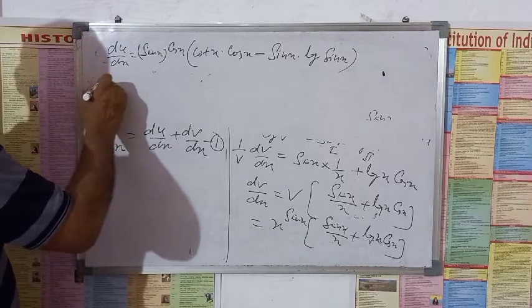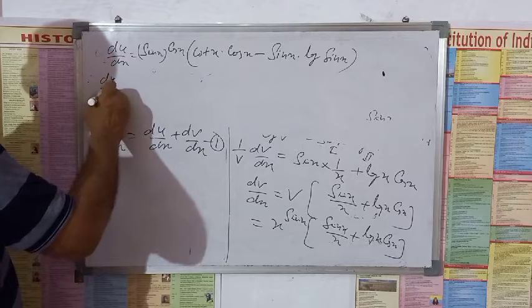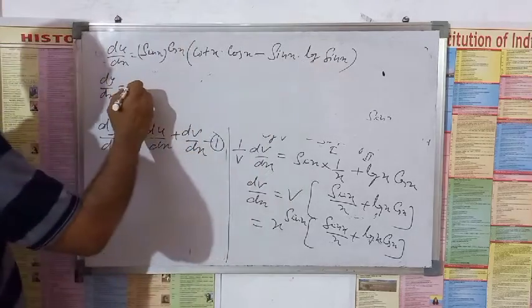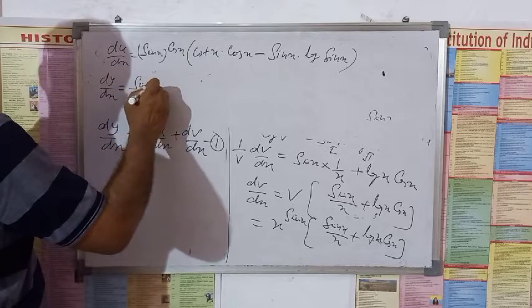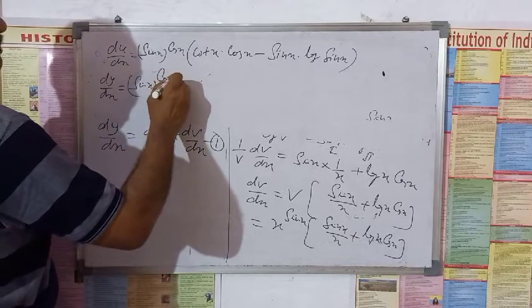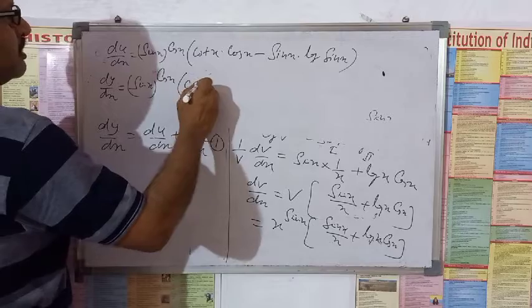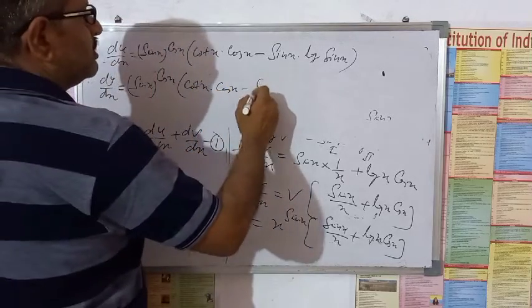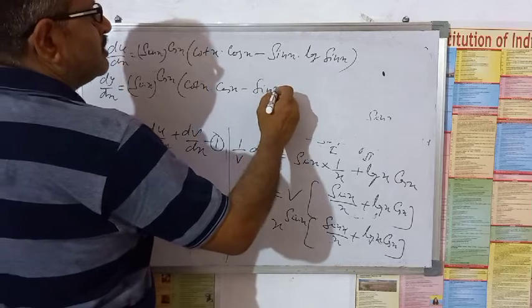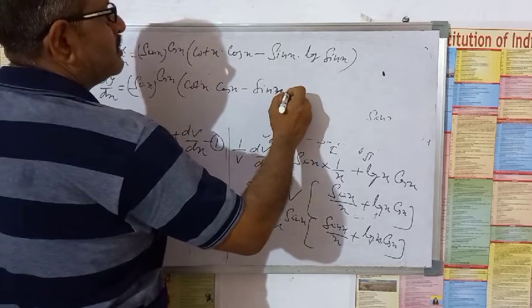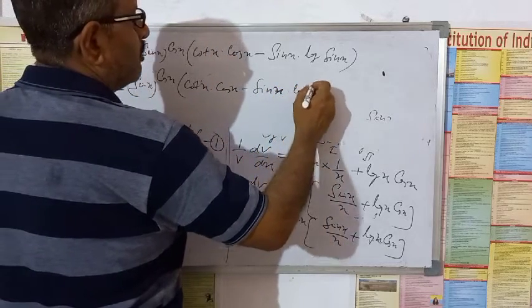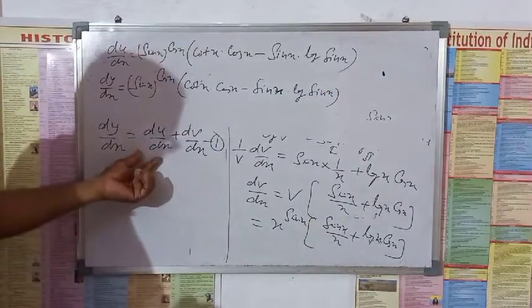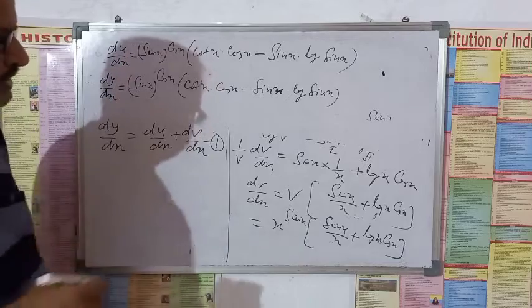Therefore dy by dx is equal to, du by dx is this one, right here: sin x to the power cos x, into cot x cos x minus sin x into log of sin x. So that is du by dx. Now write dv by dx.